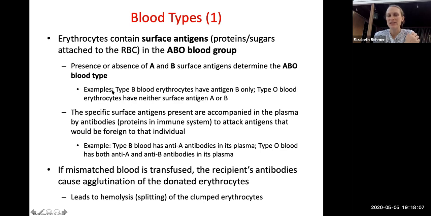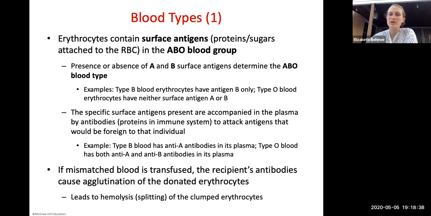So how do we get particular blood types? Well, every single red blood cell in your body has what we call a surface antigen. This antigen is some sort of protein or sugar that's attached to the red blood cell, and it gives your erythrocyte the blood type name. These surface antigens are in the ABO blood group, and the presence or absence of A and B surface antigens determines your blood type.